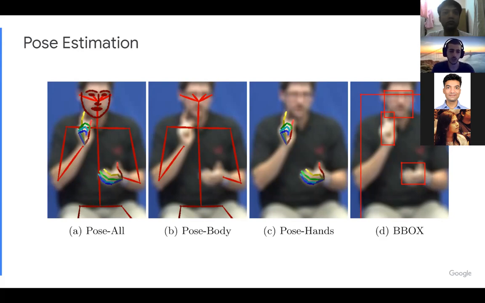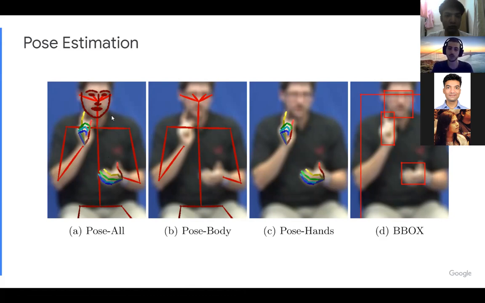That's a good question. Right now, pose all is kind of a superset of all other features. It includes the body, the hands, and also the bounding boxes, since the pose itself identifies where the bounding box starts and ends. Conceptually, for the face, the model can learn that the X and Y of these points set up the bounding box.